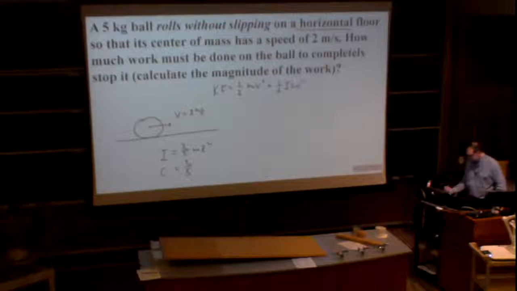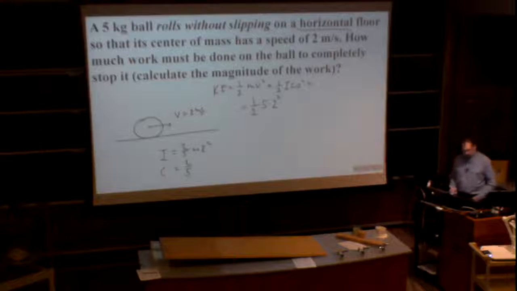And from the first look, it looks like we may be missing some important information. We know the mass, okay. We know the speed. And that immediately gives the kinetic energy for translational motion. But we don't know I. And if we try to calculate it, we don't know the radius.